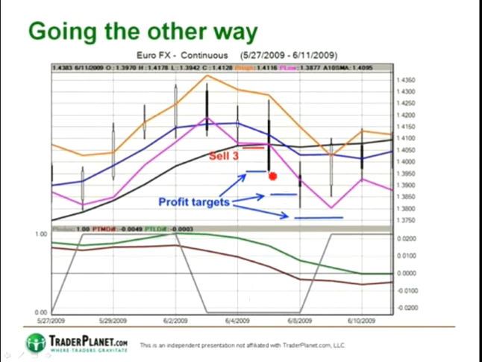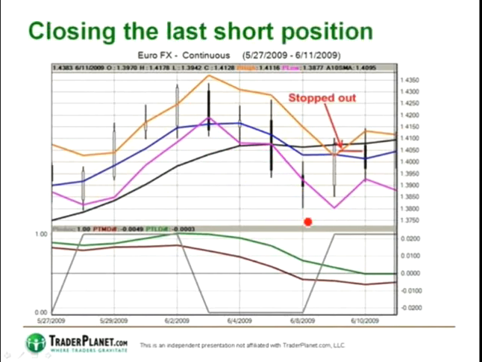As you can see right here, it worked great the first day, the second day, pick up another one, the third day, it did not work. In that case, you're stopped out because the market moved 20 points above the predicted next day high to stop you out. You've already exited one position, two positions, so this is your third exit.